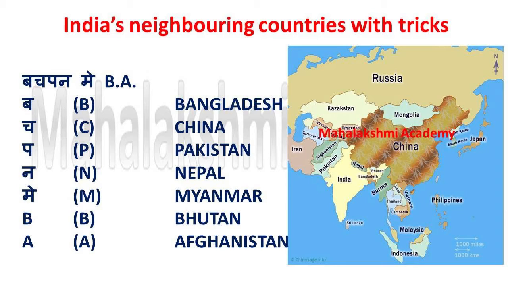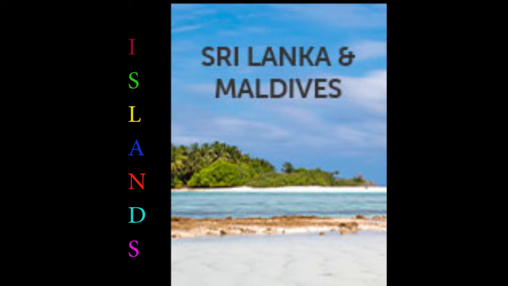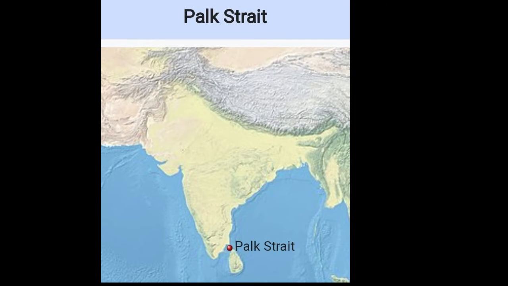They are Pakistan, Afghanistan, Nepal, China, Bhutan, Myanmar and Bangladesh. And India has sea neighbors also, that is island neighbors. They are Sri Lanka and Maldives. And Sri Lanka is separated from India by the Palk Strait.